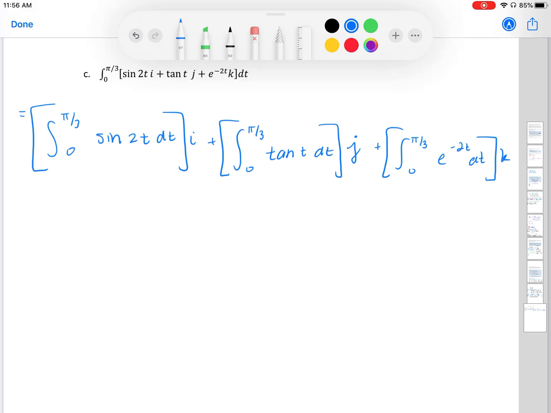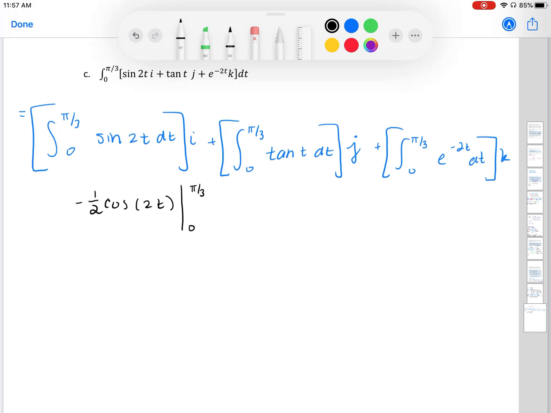So let's first start with integration. The antiderivative of sine is negative cosine. So we have negative cosine of 2t, and because we have to consider our argument 2t, we get that 1/2, from 0 to pi over 3.